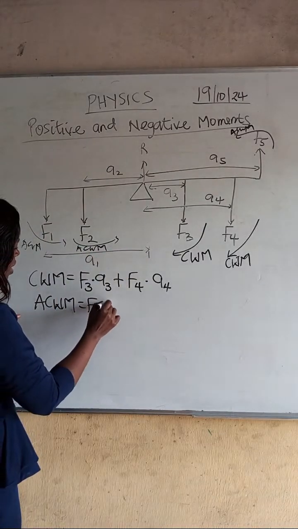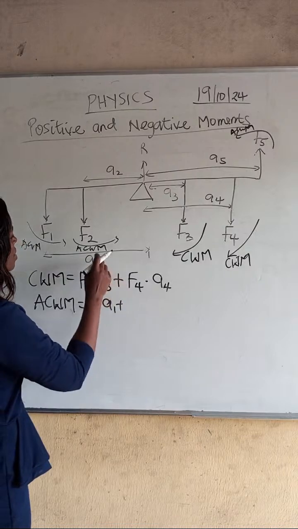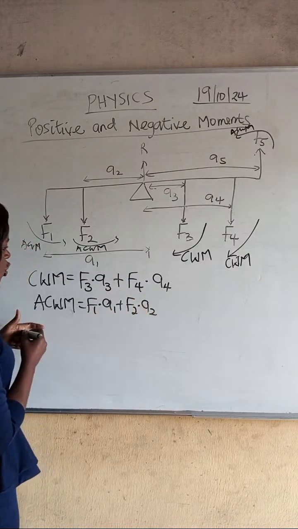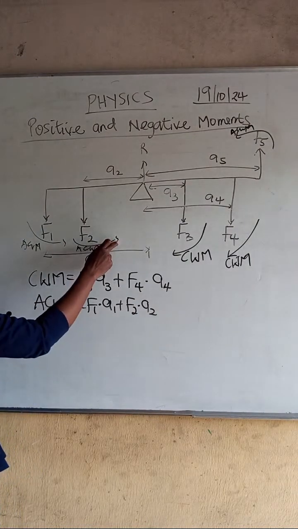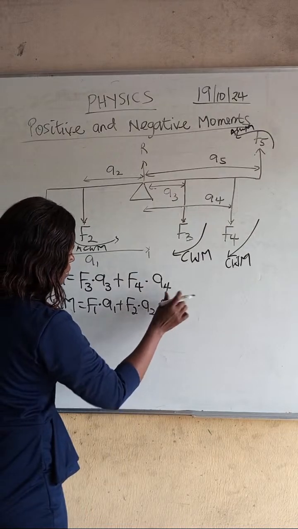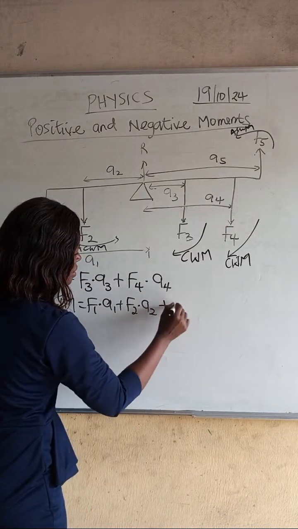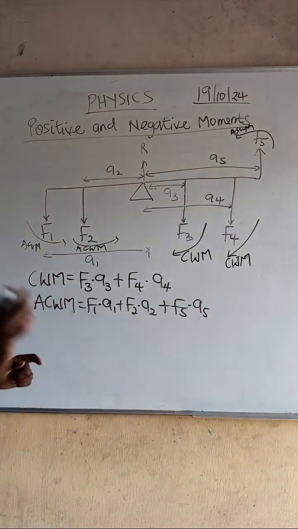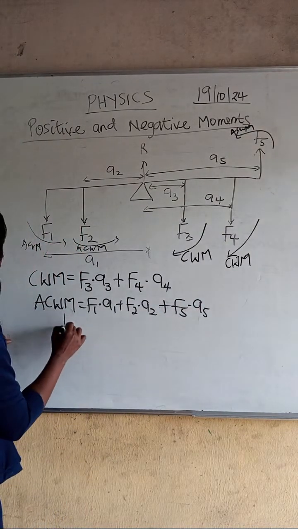I will say F1 dot A1 plus F2 dot A2. These two are anti-clockwise. Then plus F5 dot A5.